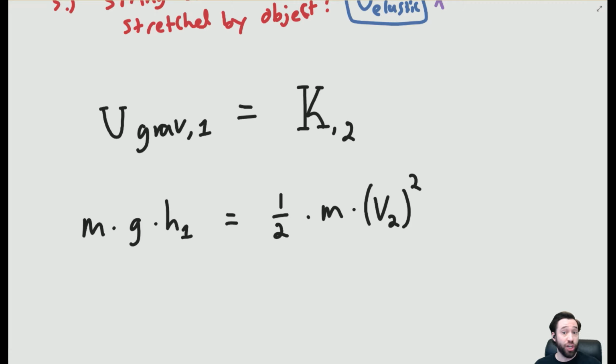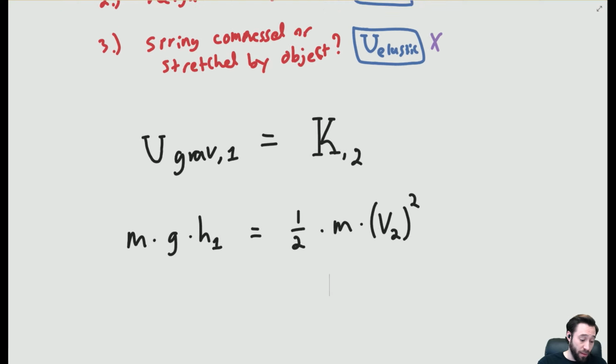So it's not changing. So there's no reason to make a notation that mass 1 is just going to be the same thing as mass 2. So why make the extra effort to notate this is mass 1, this is mass 2, when they're the same thing. But there is a height at state 1, and that is different than the height at state 2. So it's important to make the differentiation with that.